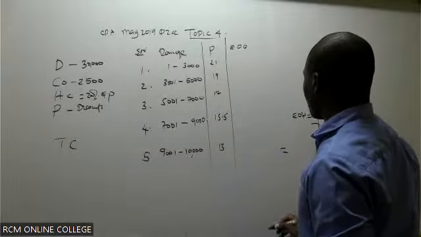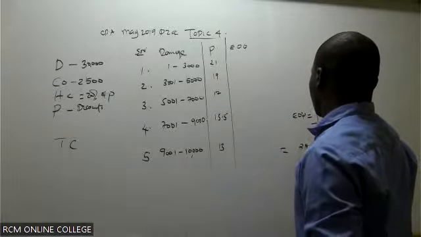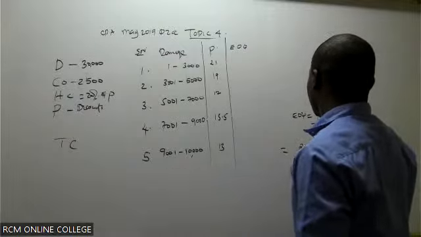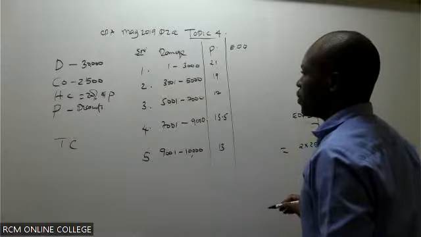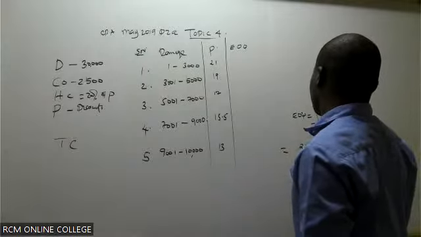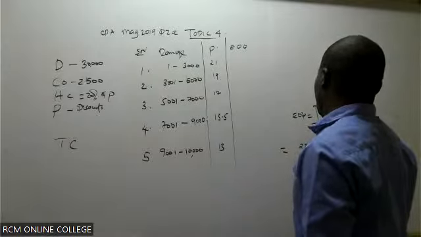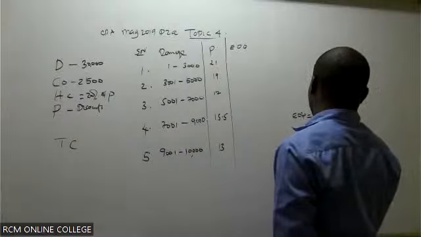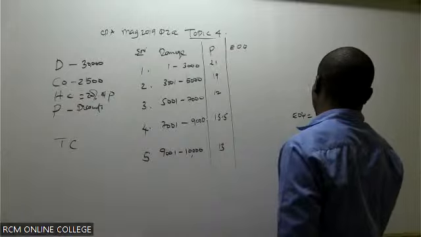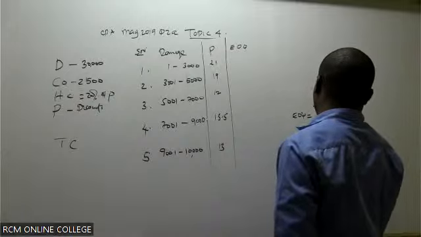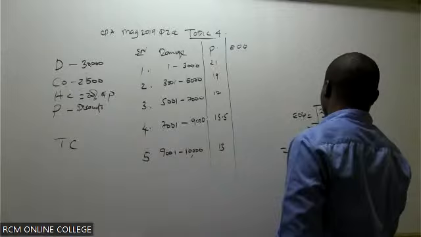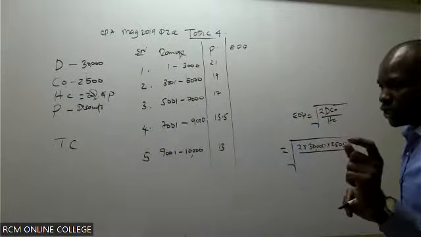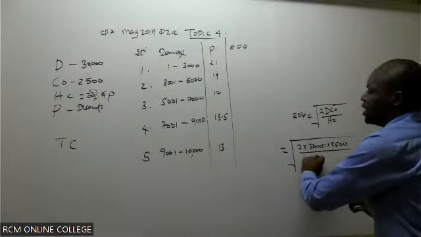Our model will be 2 times demand, which is 30,000, times ordering cost, which is 2,500, the whole of it. So look at this model. The numerator will not change. It is the denominator that is going to change.